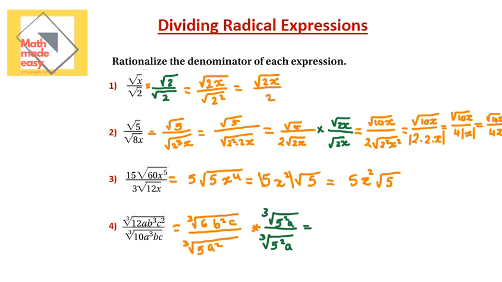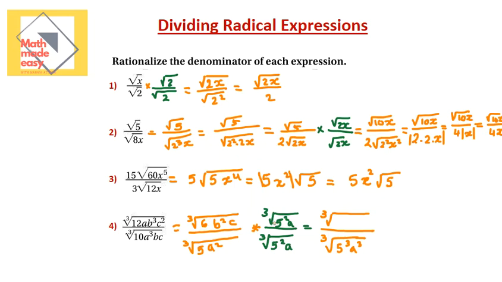Now when you multiply, you are going to get the following. In the denominator, this is going to be the cubic root of 5 cubed, a cubed, so that will be easily taken rid of. In the numerator, it's going to be the cubic root of, then you're going to multiply. 5 squared is not a perfect cube, so you can't remove it anyway. And 6 is 2 times 3, and none of them is a perfect cube.